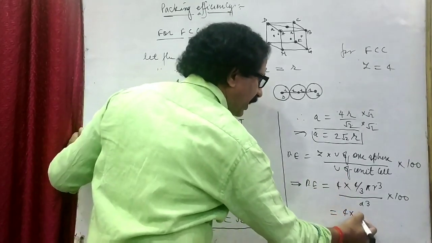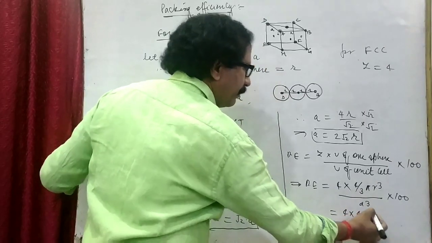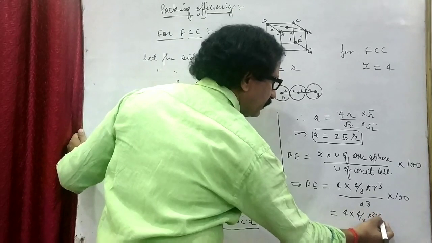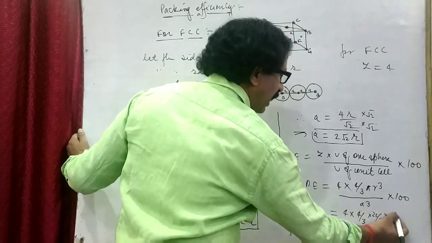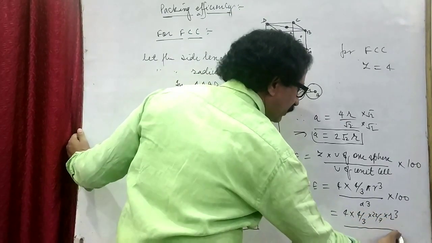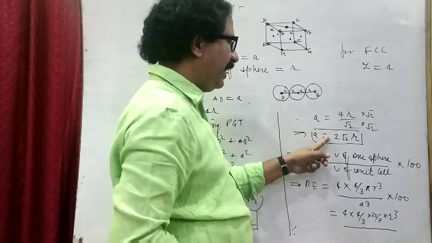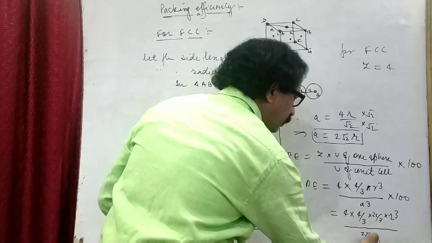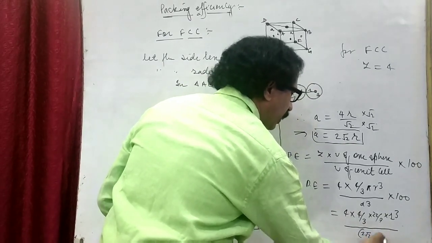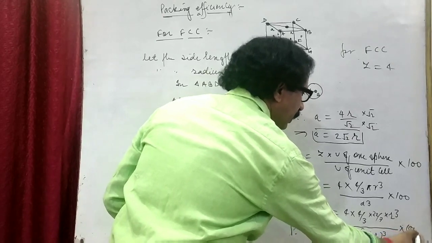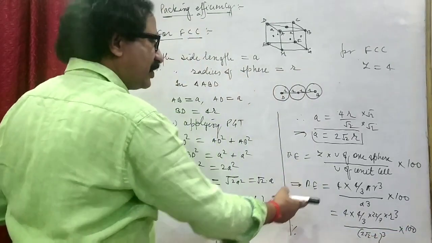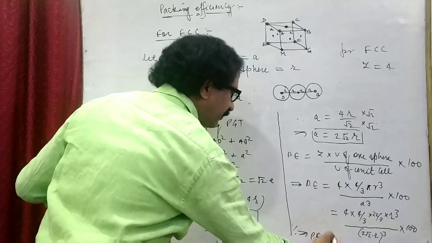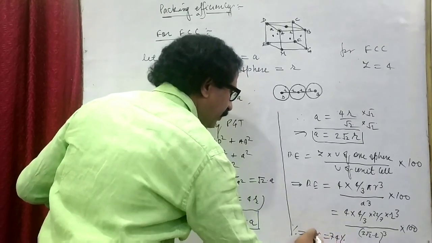Place the values here. 4 by 3, pi means 22 upon 7, into r cube, the whole upon... what is the value of A here? 2 root 2 into r, the whole cube, into 100. And when you solve this, its packing efficiency must be 74%.